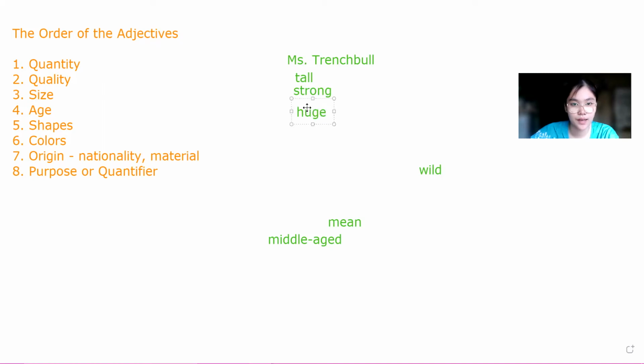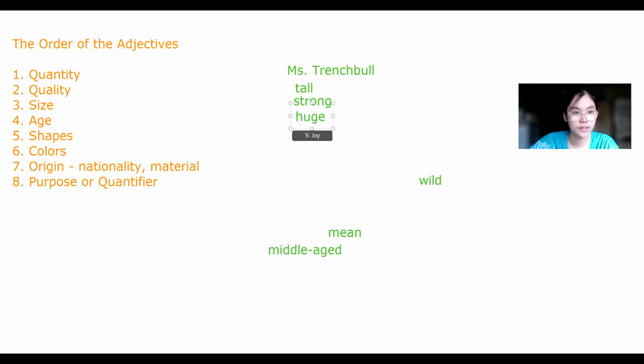And how about wild and middle age? Which comes first? What do you think comes first? Yes, middle age, because age comes first. Then wild and mean are sort of like purposes or quantifiers.